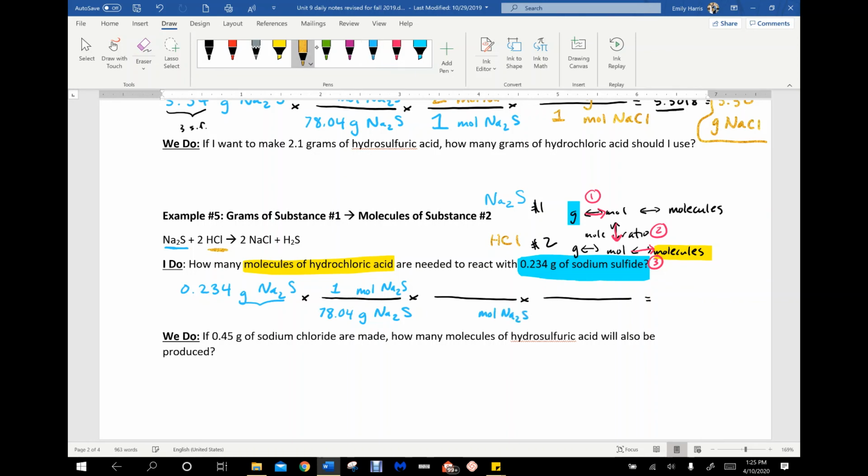So I can swap compounds and go from moles of Na2S to moles of HCl. The mole ratio comes from the balanced chemical equation. That tells me that for every 2 moles of HCl, I also need 1 mole of Na2S. Finally, for step 3, I'm ready to go from moles of HCl to molecules of HCl.